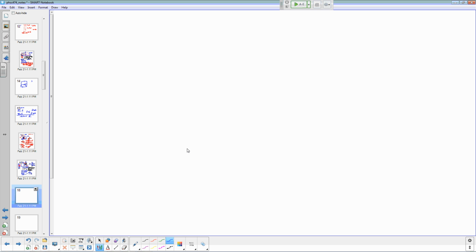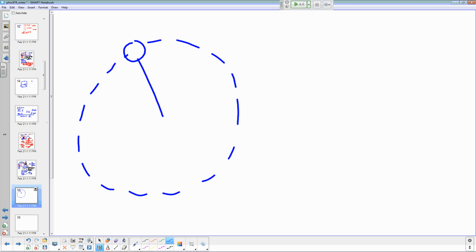If I have something that's moving in a circular path, imagine that this is moving in a horizontal path, so I won't consider the gravitational force right now. You know what I'm saying? Like if I'm swinging something over my head, it's moving in a horizontal path. I have a force that's actually causing this to move.